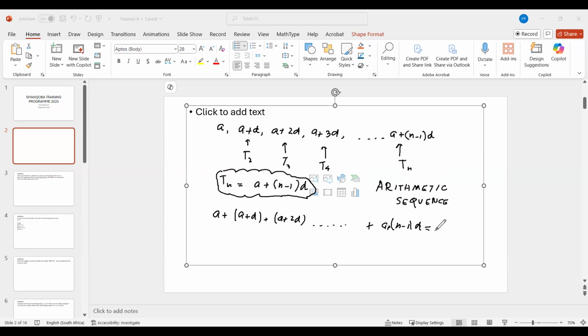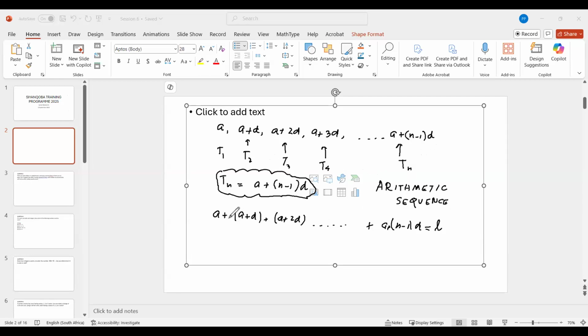Let's call this L, L for the last term. Instead of this symbol here, it's a neater way of saying L for the last term. Now this is the sum of n terms, because there are n terms. This is T1, T2, T3 up to n. So there are n terms altogether.